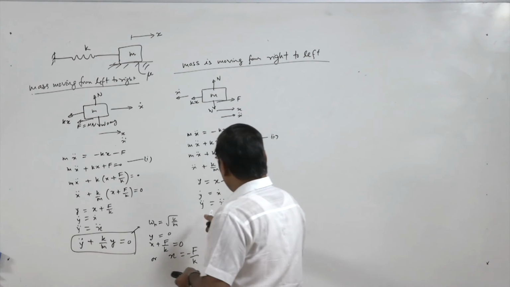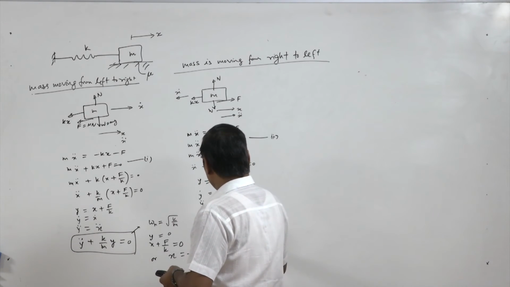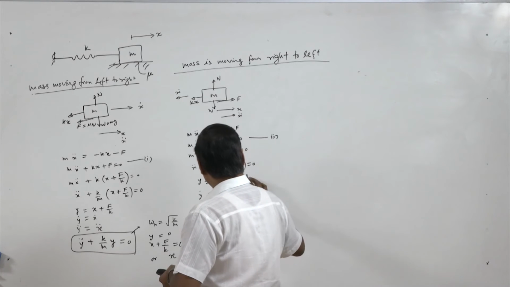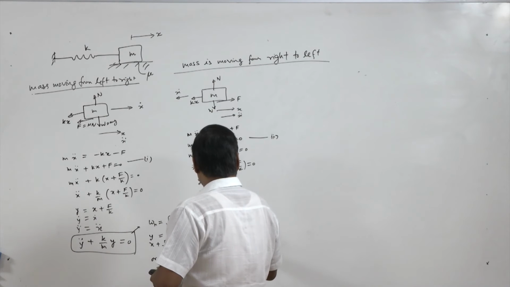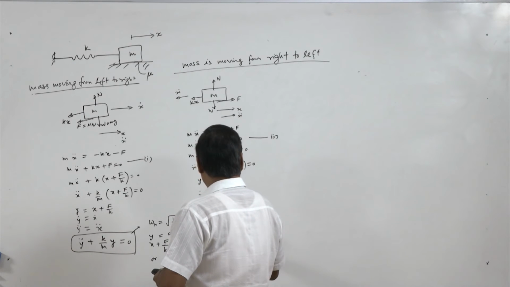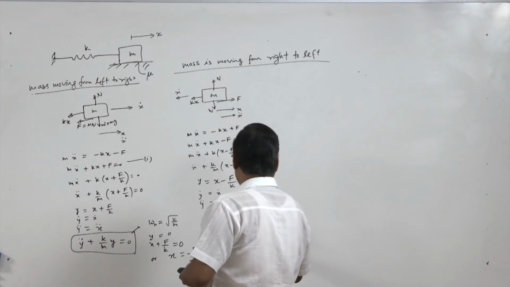Okay, so d square y by dt square equal to d square x by dt square. Now we will put these values here. So we will have in y coordinate y double dot plus k by m into y equal to 0.